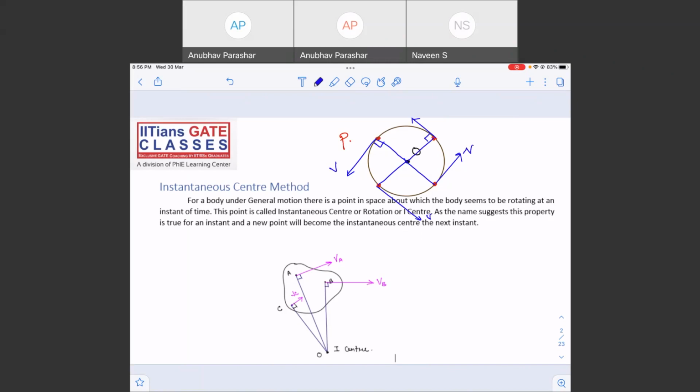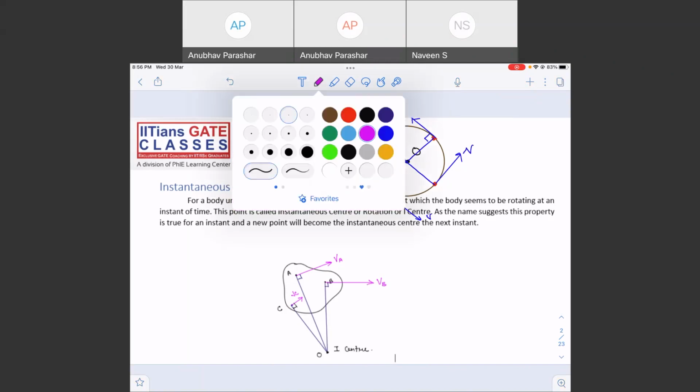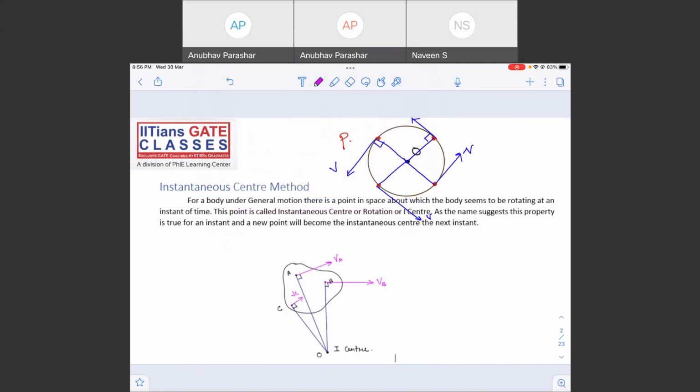So if you join the center of rotation with the point which is having a circular motion, the line that has been formed, OP in this case, will be perpendicular to the velocity, right?